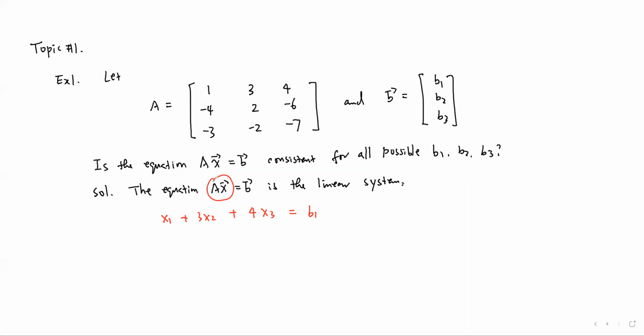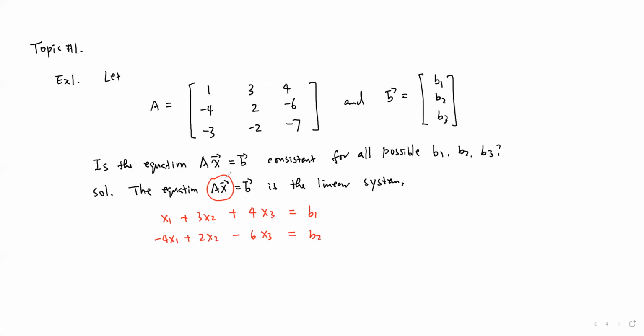Second equation. The second entry of A times X, this vector, is row 2 times X. First entry times X1 plus second entry times X2 minus third entry times X3 is equal to the second entry of vector B, B2.